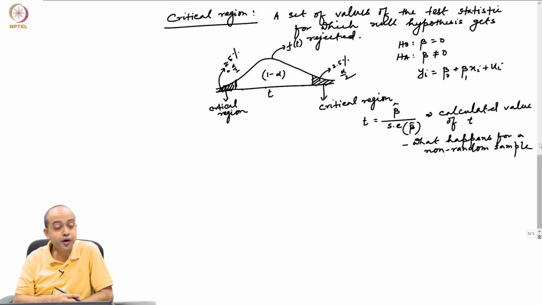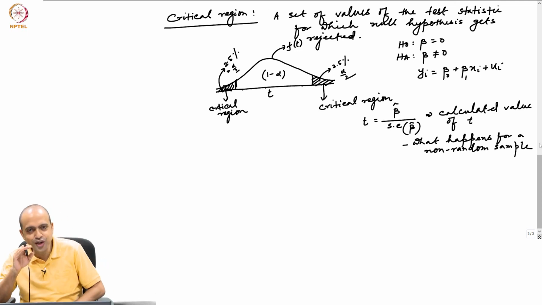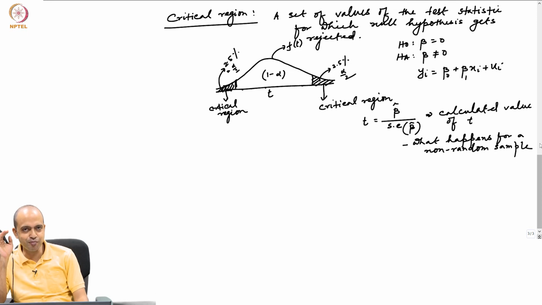If you get a non-random sample from the population, you can get only one such non-random sample. If you do not get multiple samples from the population, if there is no randomness in the sampling, then you will get only your beta hat.